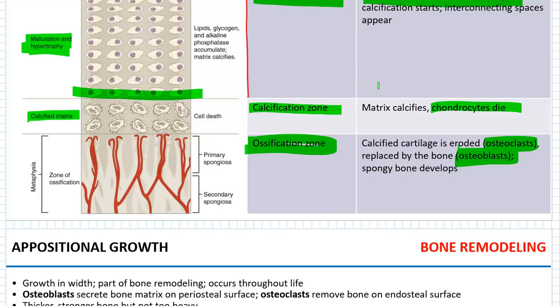So I want you to understand that when chondrocytes die in the calcification zone, you effectively have sort of a blueprint for the future bone development. Osteoclasts and osteoblasts do not form like a new, they know what they're doing. They are simply replacing cartilage with the bone. That's all. Sounds good? Okay.